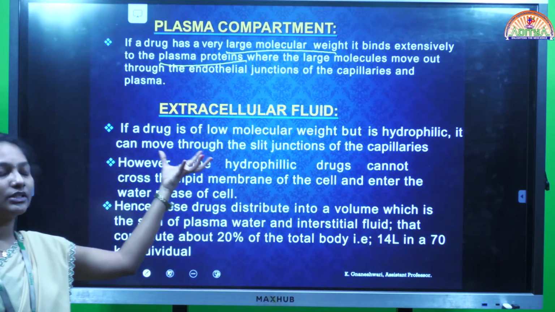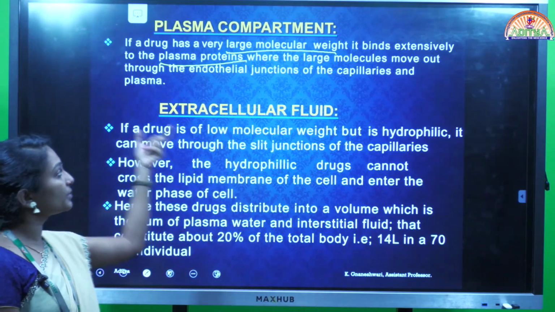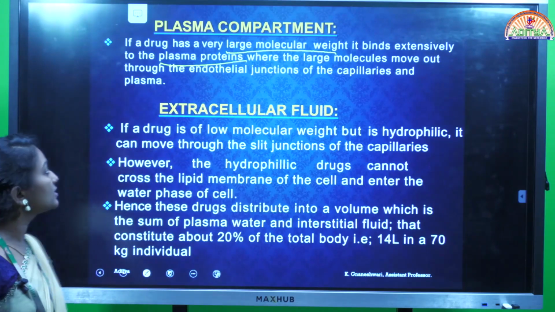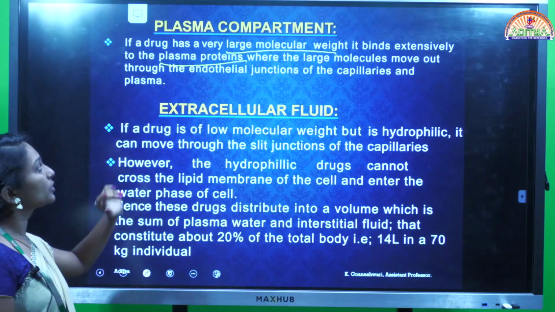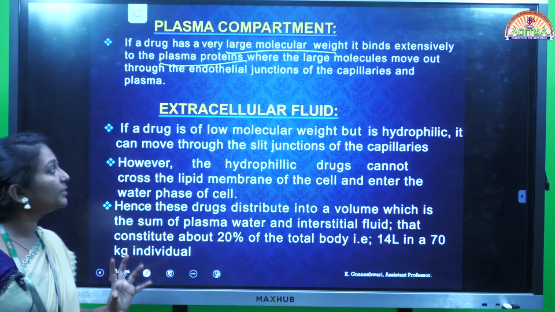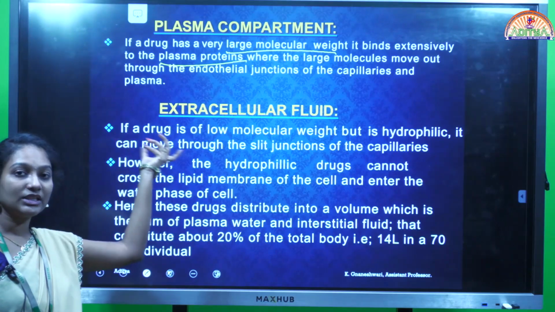Whatever large molecules are present will move through the endothelial junctions within the capillaries and also within the plasma. So generally the larger molecular weight drugs will bind to the plasma proteins.